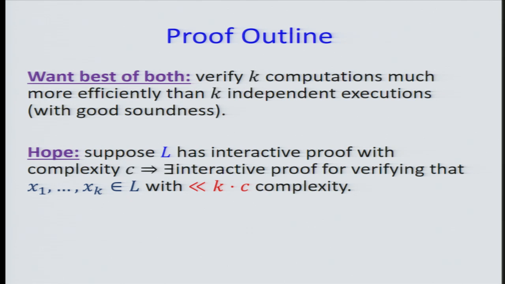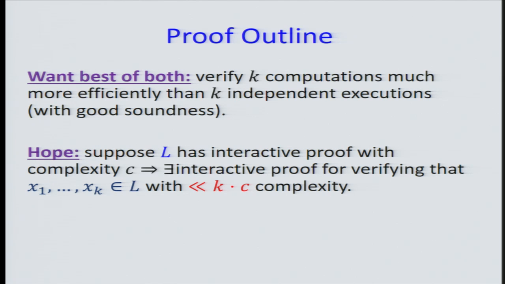Suppose that we have a language that has an interactive proof with complexity c, which you can think of as the verifier running time or communication, whatever you like. We want to construct an interactive proof for verifying k instances simultaneously, and we want to do this better than the naive solution, which is just running the interactive proof k times. So that's the hope.